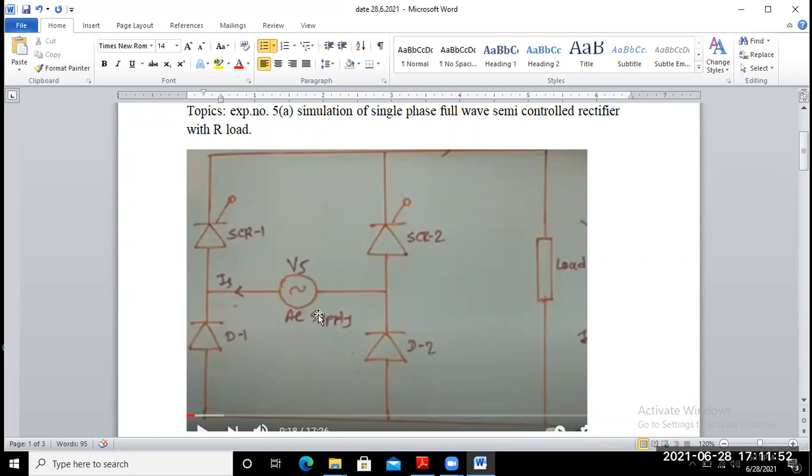It is very simple. You just keep two things in mind: a diode can conduct in forward bias alone, but an SCR cannot conduct with forward bias alone; you have to supply a gate pulse. Otherwise the SCR will not conduct.